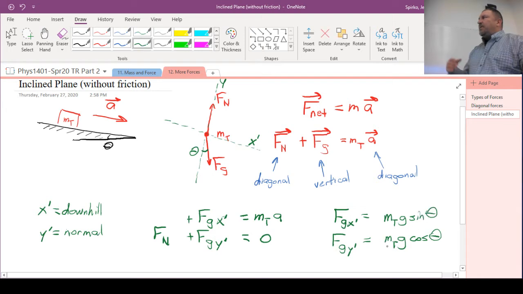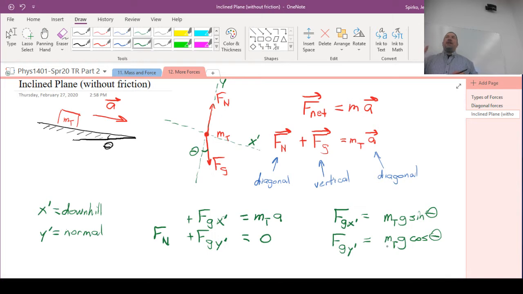Now when I use triangle trig to figure out which thing gets the sine and which thing gets the cosine, I have to be very conscientious about my signs. I have to be careful about the sine and my plus and minus. So I need to think about whether these things are positive or negative.